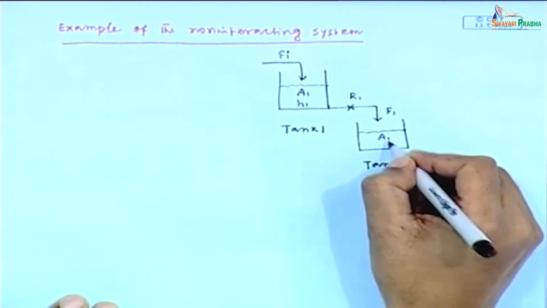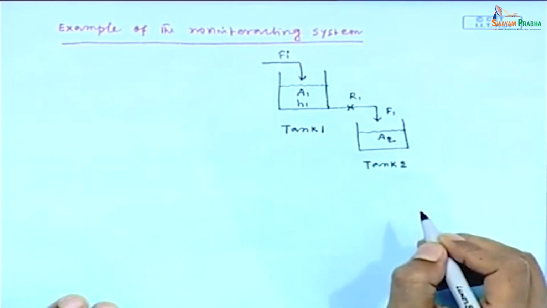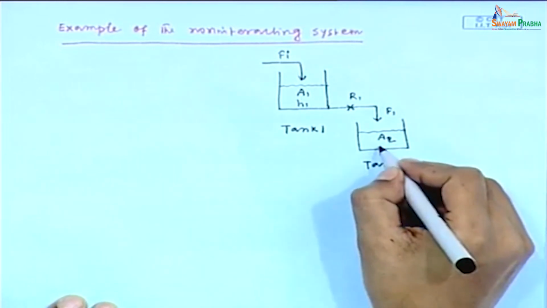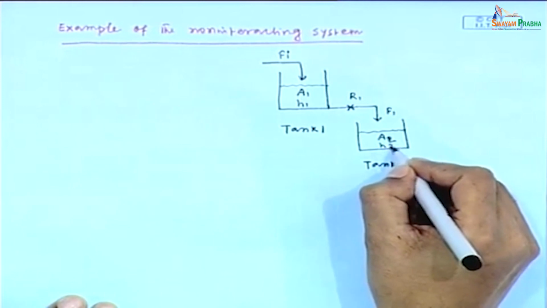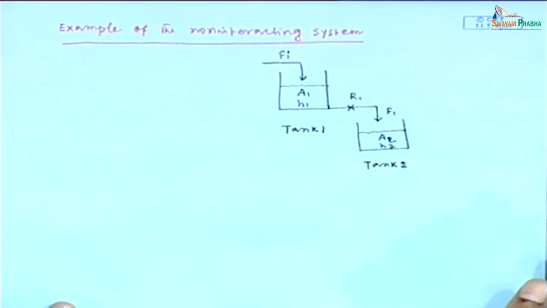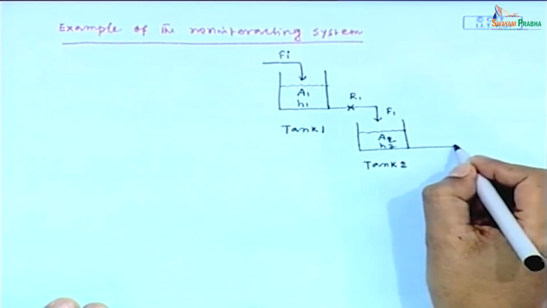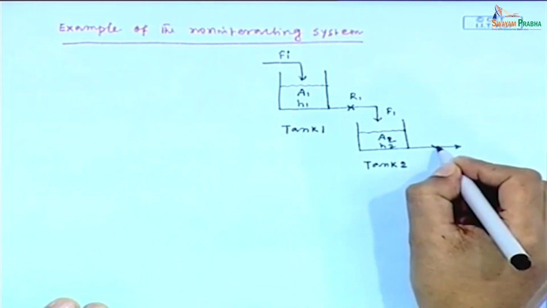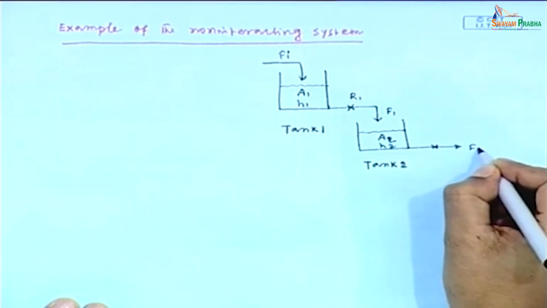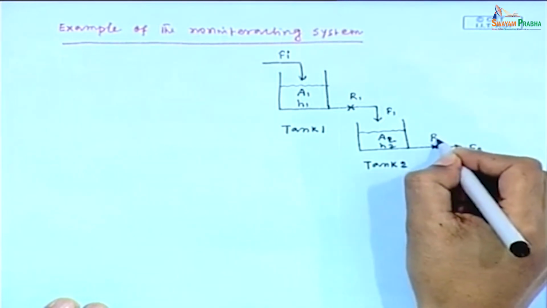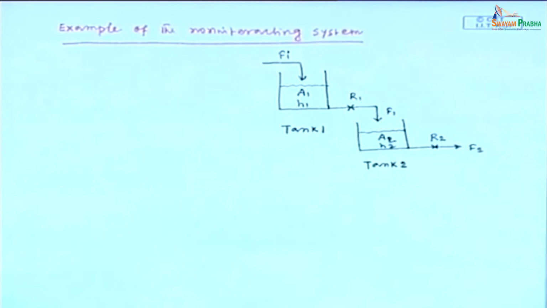Cross sectional area of this tank 2 is A2 and liquid height in the tank is H2. Output stream from tank 2 is F2 and suppose this resistance is R2. This is the example of a non-interacting system.